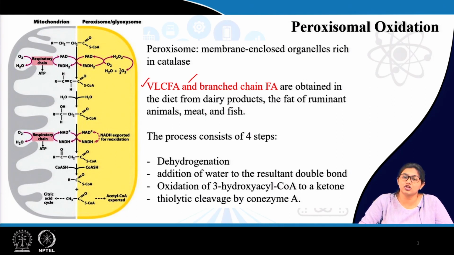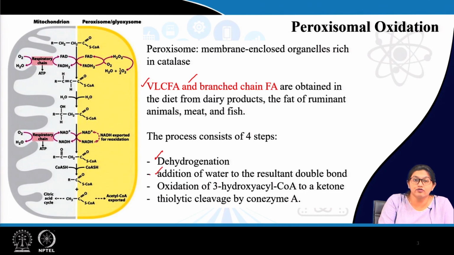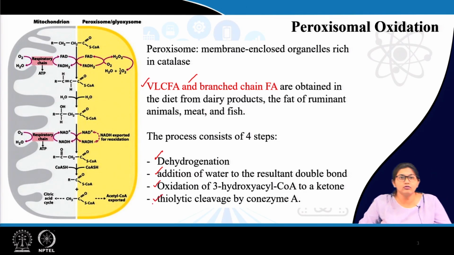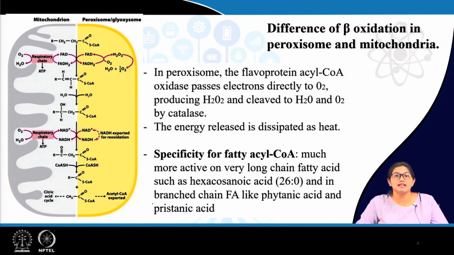Peroxisomal oxidation is more or less similar to the beta oxidation which occurs in mitochondria, and it also consists of the same 4 steps, that is dehydrogenation, then hydration or addition of water, then oxidation and then thiolytic cleavage. Then where is the difference? The difference lies in 2 specific conditions, and those conditions are related to the first step only.